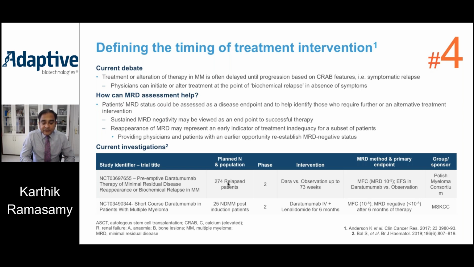There is another very small study done in the US looking at post-induction MRD positive patients, giving an alternative intervention of daratumumab plus lenalidomide therapy for about 6 months and looking at achievement of MRD negativity. So clearly MRD as a tool can be used to define the timing of treatment intervention as well.